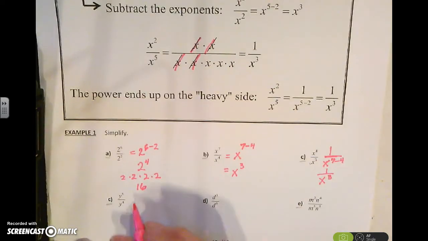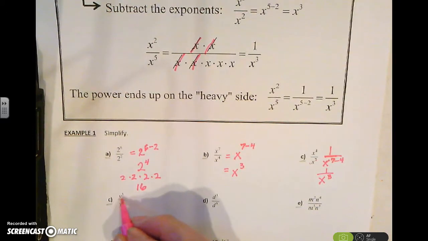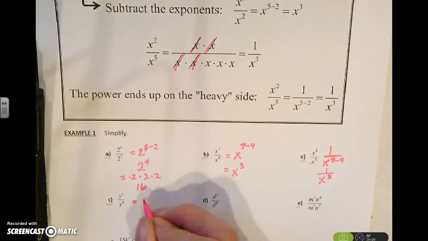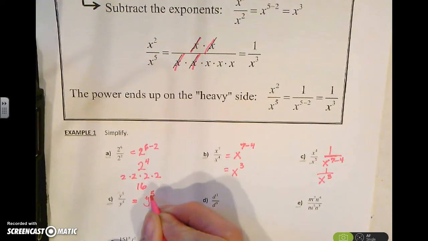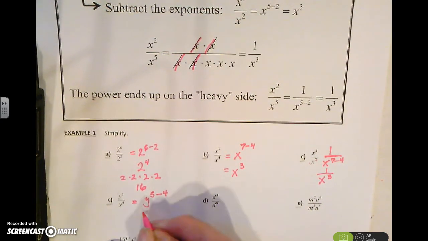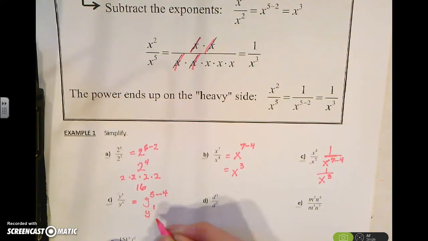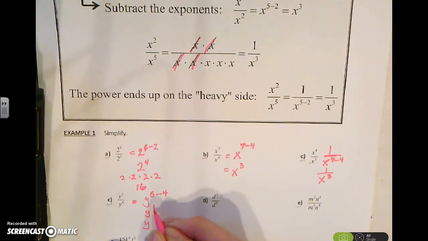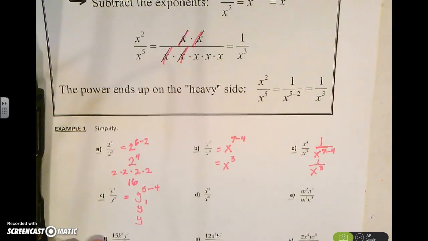Example D, here my heavier number is in the numerator, so I have y to the 5 minus 4, which is y to the first power, and we won't write the y to the 1 power. That's equal to y, so you want to simplify it a little bit further.